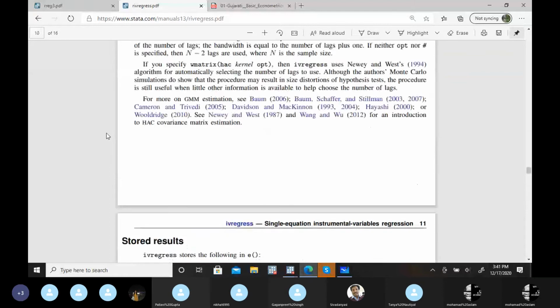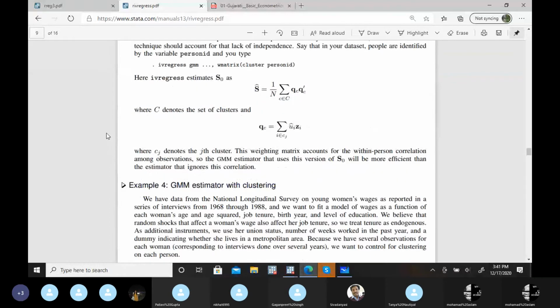I am not sure why they have taken this as an endogenous variable.